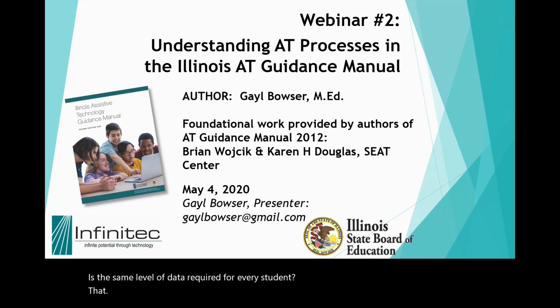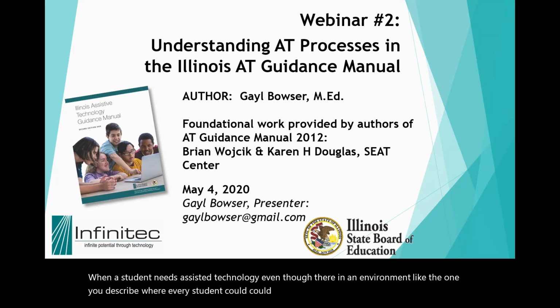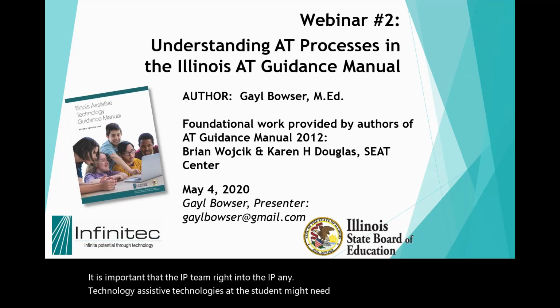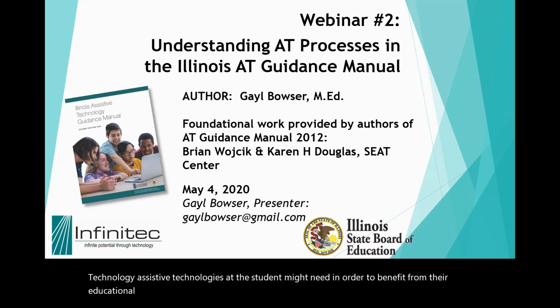Is the same level of data required for every student? When a student needs assistive technology, even though they're in an environment like the one you described where every student could use text-to-speech if they wanted to, it is important that the IEP team write into the IEP any assistive technology that the student might need in order to benefit from their educational program and achieve goals.